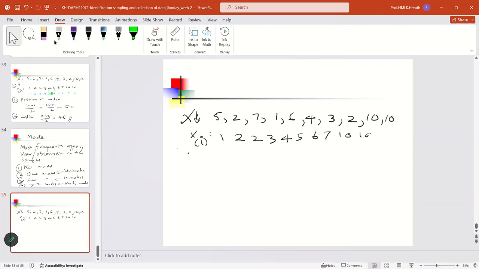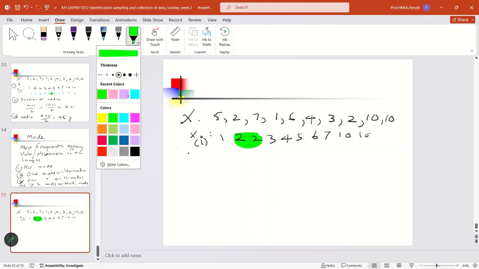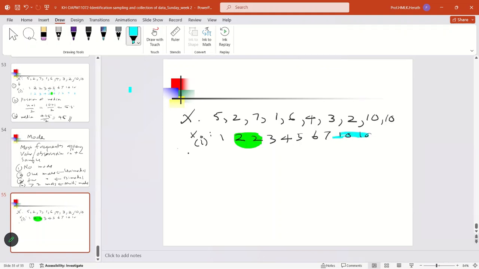This is the ordered array. So if you put things in the ordered array, you can see that 2 is appearing 2 times. And at the same time, 10 is appearing 2 times. So there are 2 modes, 2 and 10.